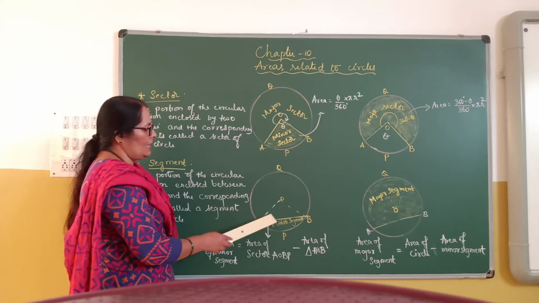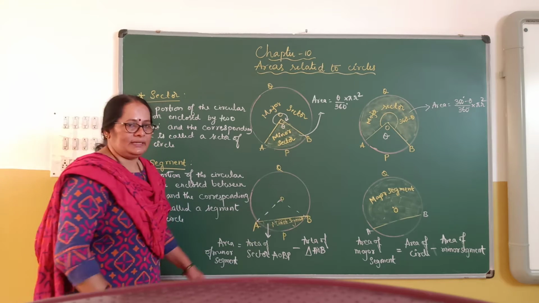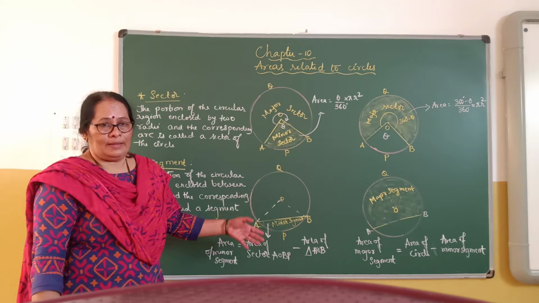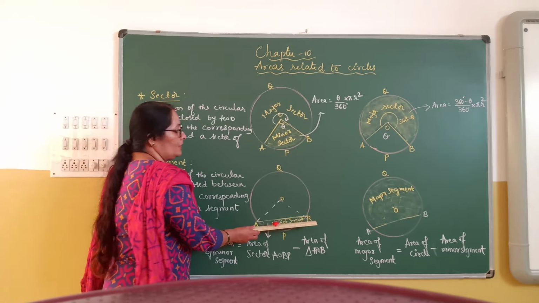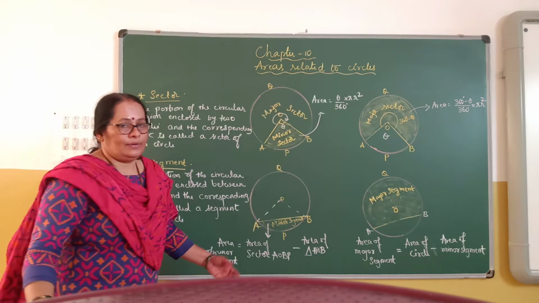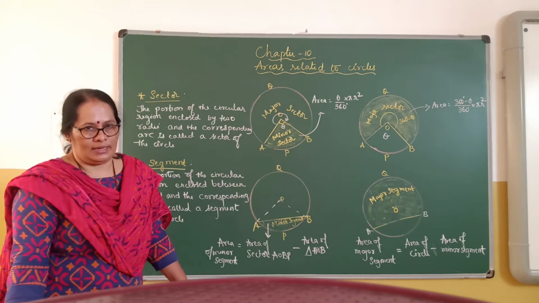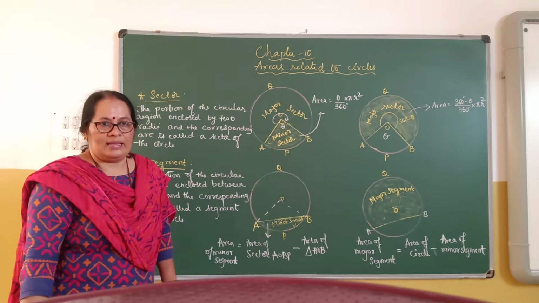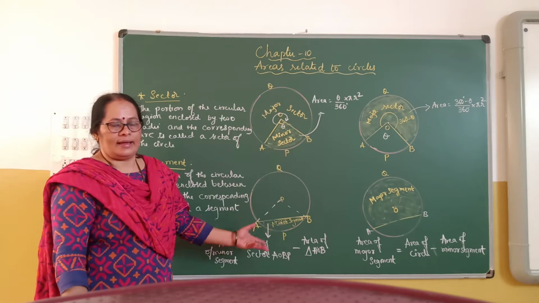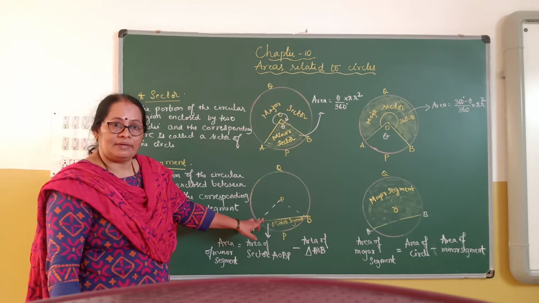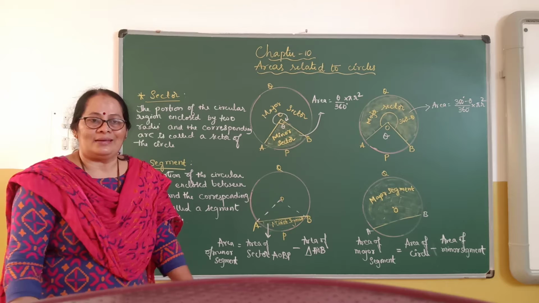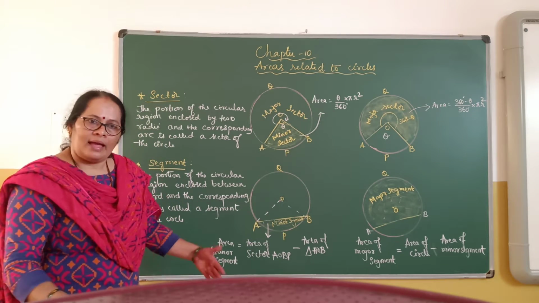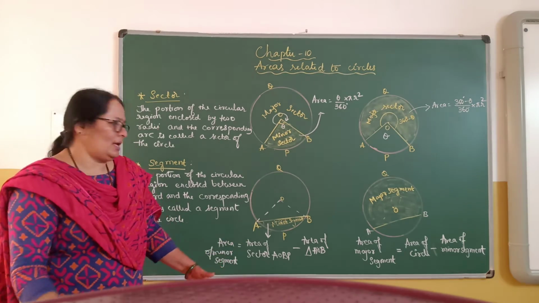To find the area of triangle AOB, suppose it is an equilateral triangle, you can use root 3 by 4 into side square. If the length of the chord and the height are given, you can use half into base into height. It depends on what values you have. Suppose the perpendicular height is not given and only the angle is given, then you can use trigonometric ratios to find the length of the chord, then the base, and then the area of the triangle.